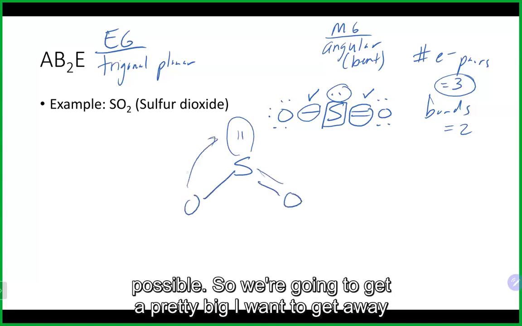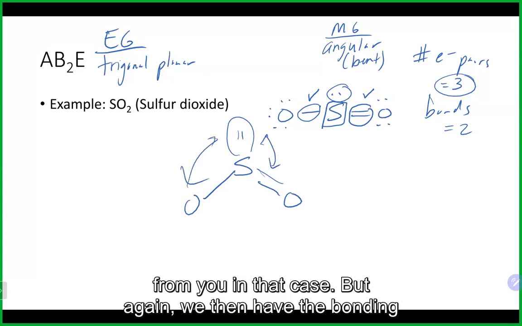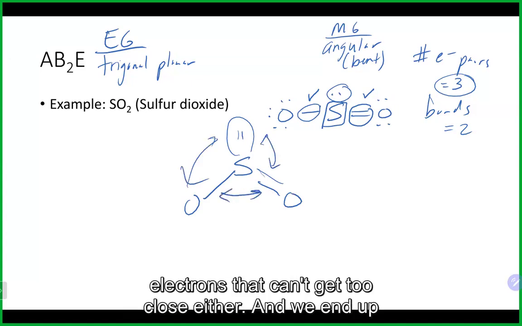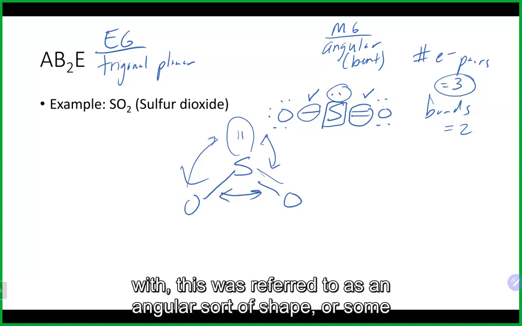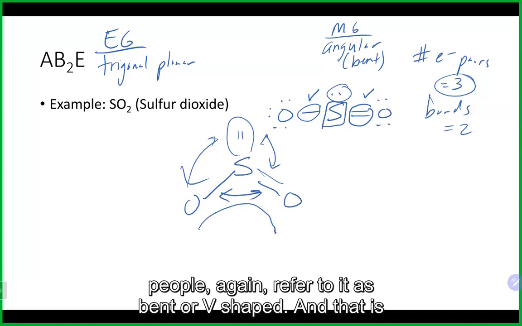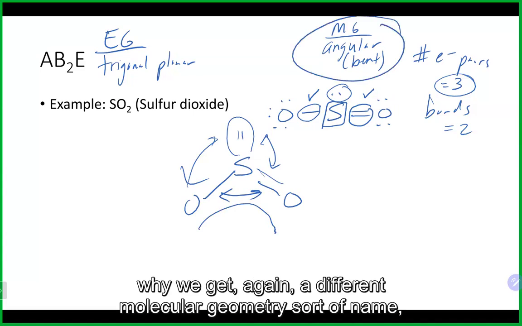So we're going to get a pretty big, I want to get away from you in that case. But again, we then have the bonding electrons that can't get too close either. And we end up with what is referred to as an angular sort of shape, or some people again refer to it as bent or V-shaped. And that is why we get a different molecular geometry name in this case.